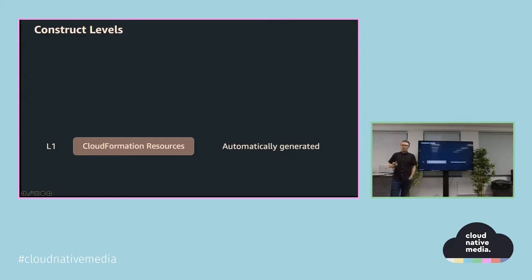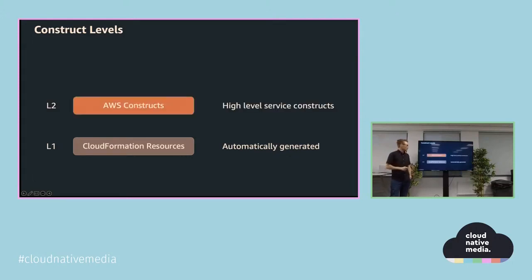We typically think of layer 1 as your unpaved resources, i.e. there's no real autocomplete. If you've done a CloudFormation template before, everything that you have as required as default is the same here. Now layer 2 is where we take our layer 1 resources and we create AWS constructs from them.